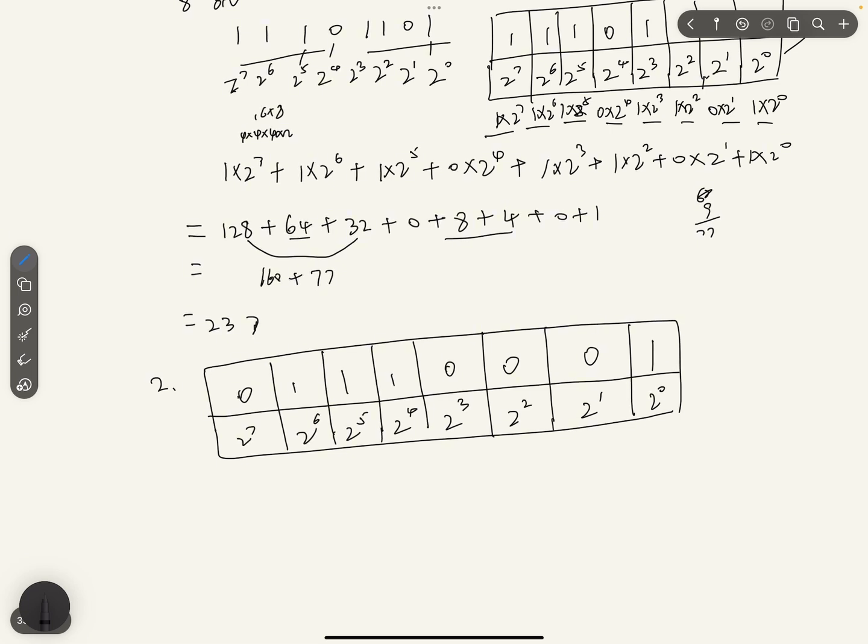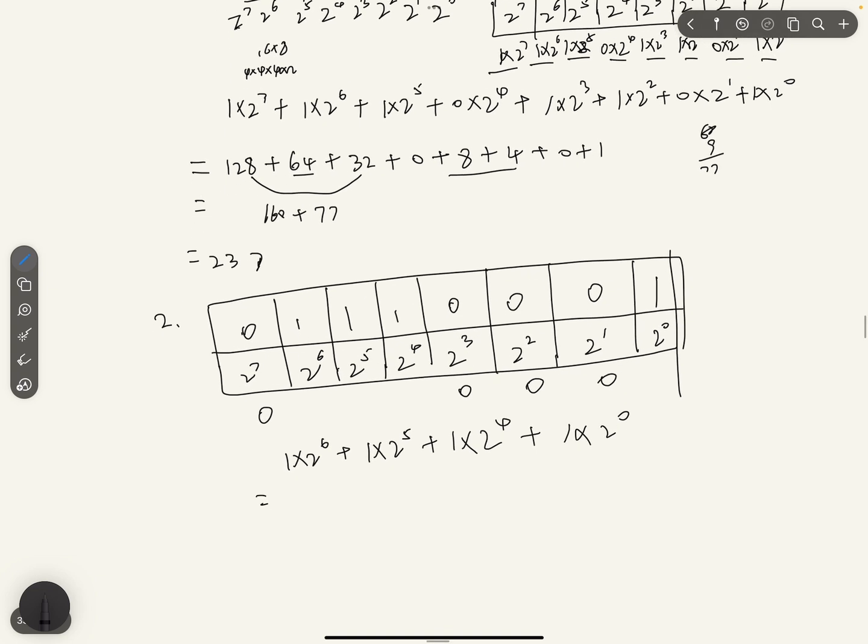For each one, we basically just need to do the multiplication for the ones, because 0 times anything will be 0. So this will give us 0, this will give us 0, 0. The result will be 1 times 2 to the 6 plus 1 times 2 to the 5 plus 1 times 2 to the 4 plus 1 times 2 to the 0.